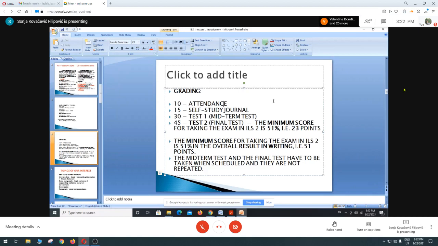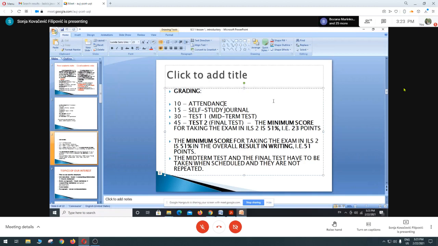Then I'm going to send you in the following 2 weeks a self-study journal, similarly to the previous semester. Okay, it's going to be a set of tasks that you're supposed to do and to submit somewhere in the middle of May, let's say. We'll set the date once I send them to you. Then again, you're going to have test 1, the so-called midterm test.